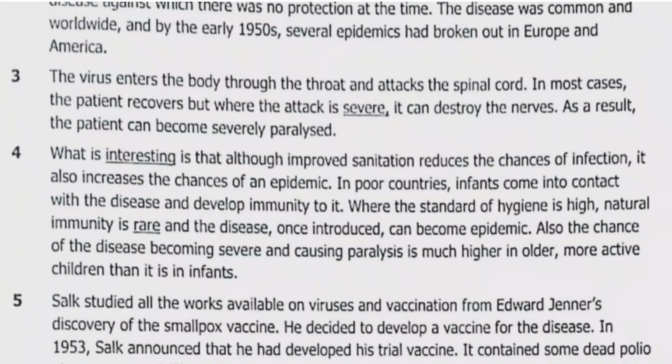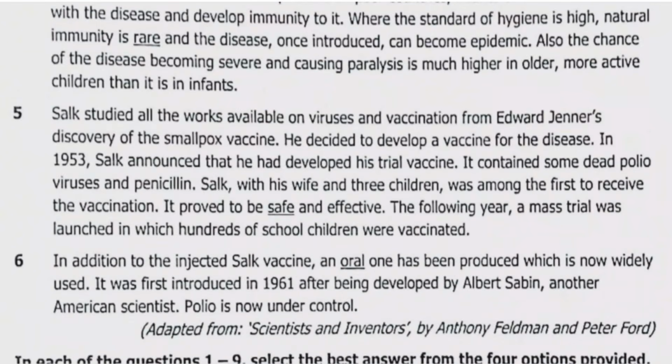Paragraph 5. Salk studied all the works available on viruses and vaccination, from Edward Jenner's discovery of the smallpox vaccine. He decided to develop a vaccine for the disease. In 1953, Salk announced that he had developed his trial vaccine.